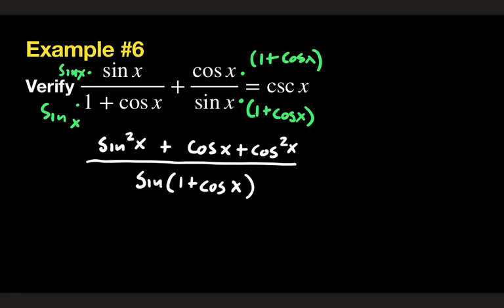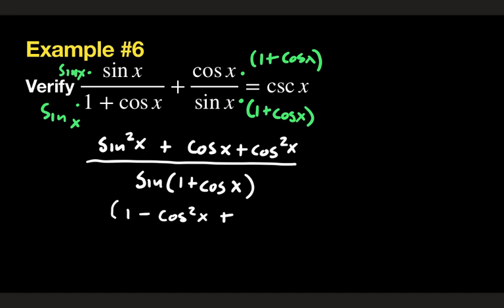Now, you can see that we have different expressions right here, and we want to try to cancel things out. So we are going to change how they look. Because we want everything in terms of cosecant, we need to make sure that we cancel everything here so you end up with 1 over sine x. And to do that, we're going to go back to the properties of sine and cosine. So we know that sine square is going to be equal to 1 minus cosine square x.